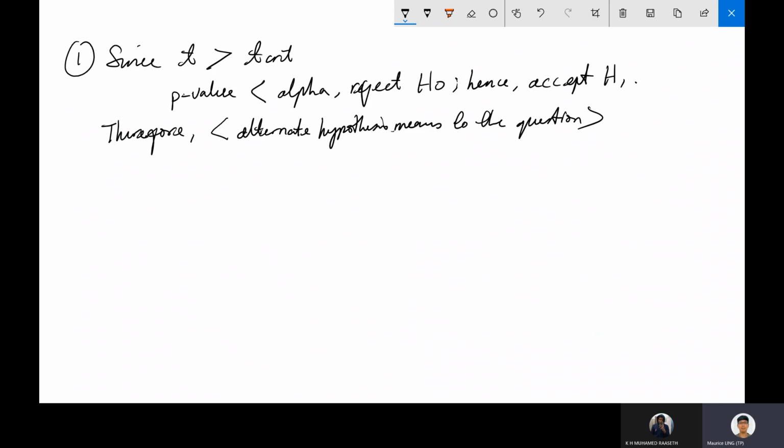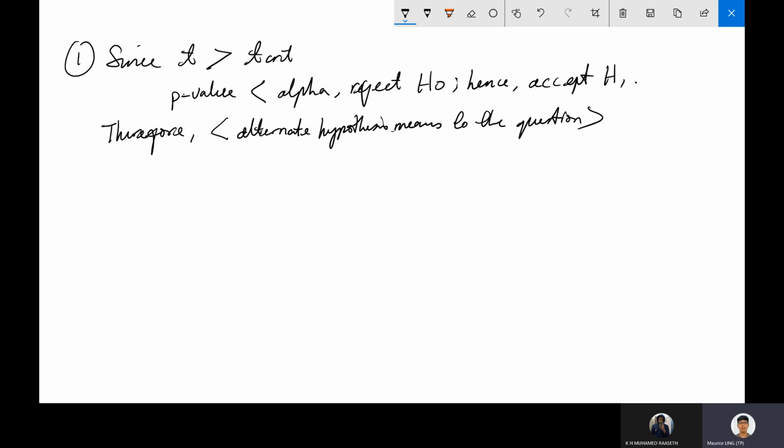Not in brackets. This is what you put inside. So you write what the hypothesis actually means. So this is a template that you use for rejecting null hypothesis.